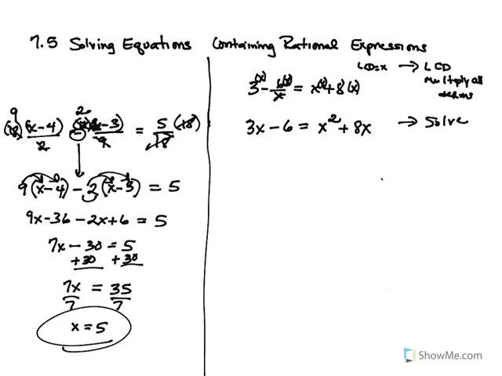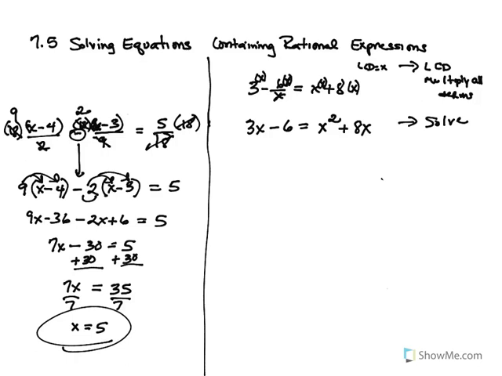So we have to make a decision for ourselves. 3x minus 6 equals x squared plus 8x. When we are solving by factoring, the rule says that you must get everything to one side. You must make the equation equal to 0. You never want the squared term to be negative. Therefore, my x squared is my boss, because he is my leading term.